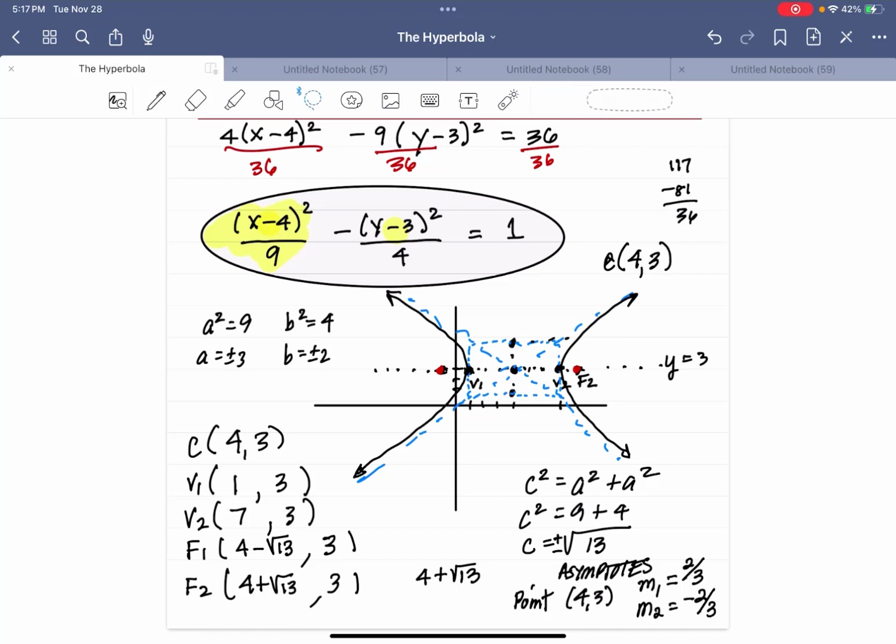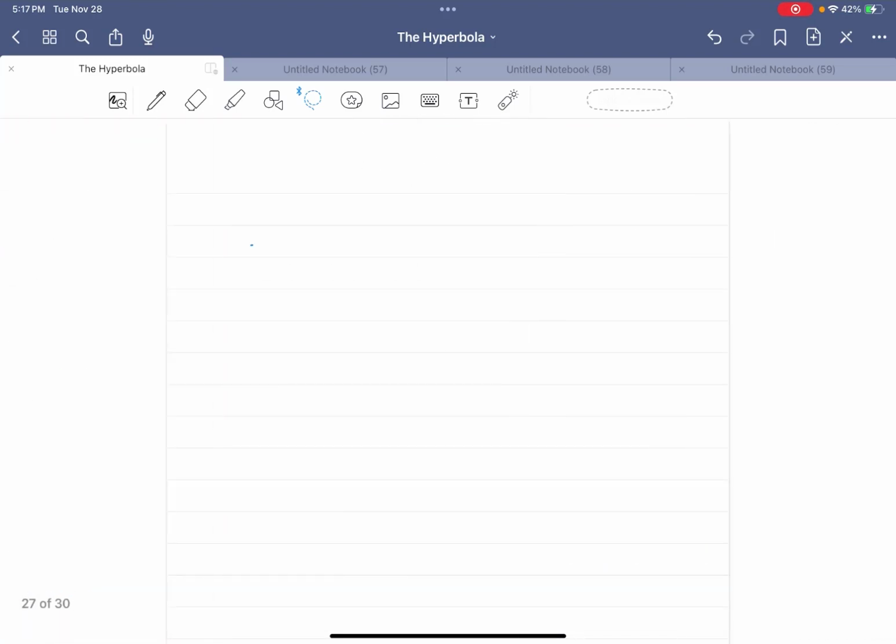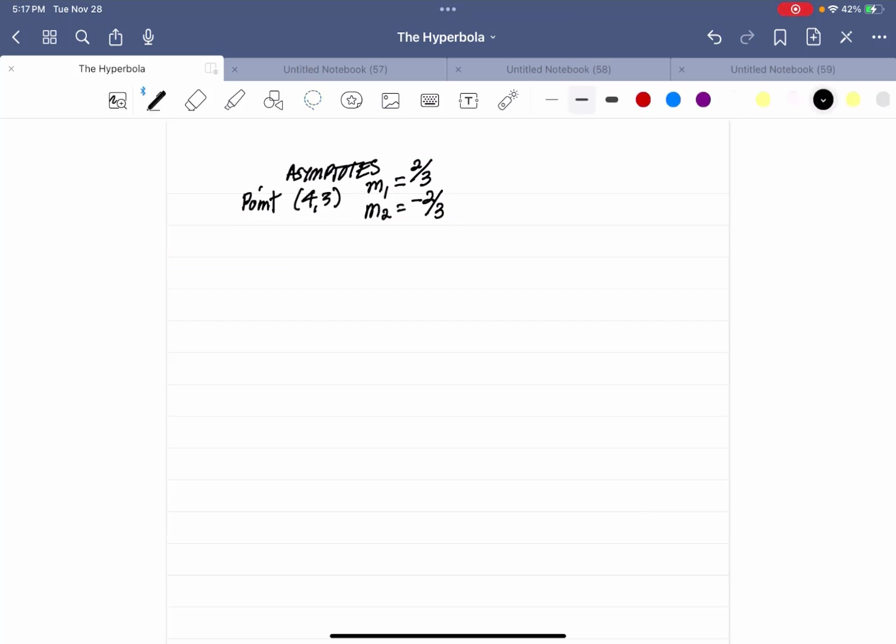So we're going to take this point and these slopes, and we're going to use our format. y minus the y point equals m times x minus the x point. So the first one, y minus 3 equals 2/3 times x minus 4.